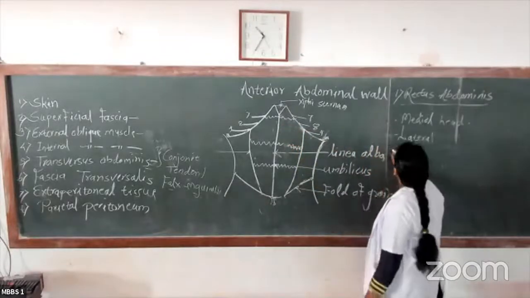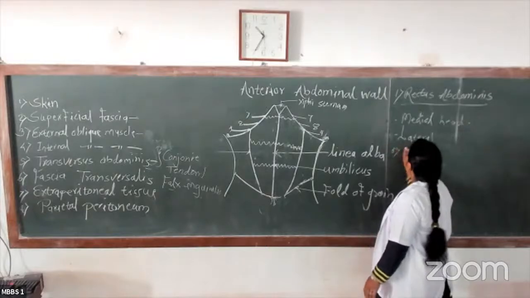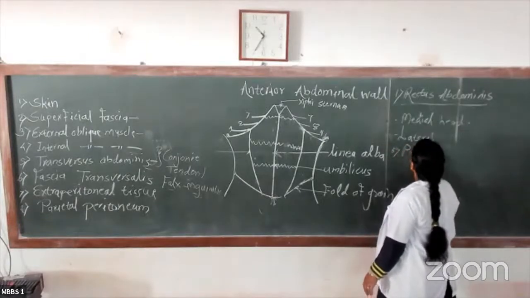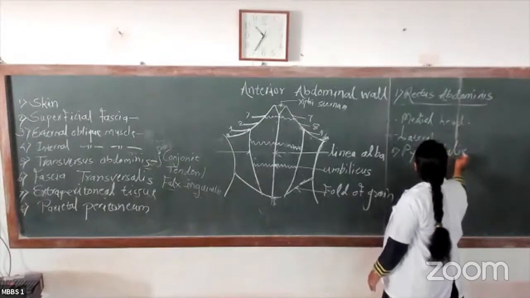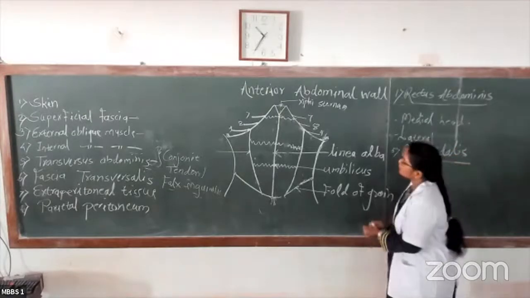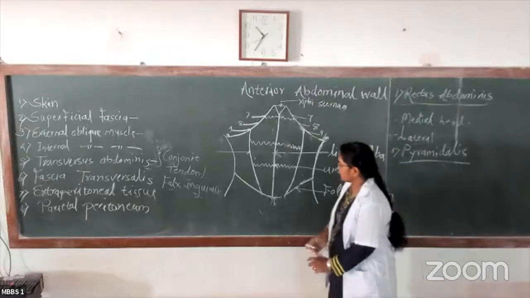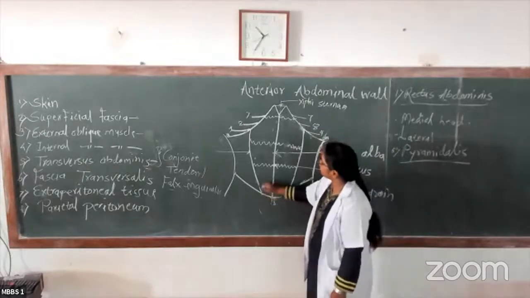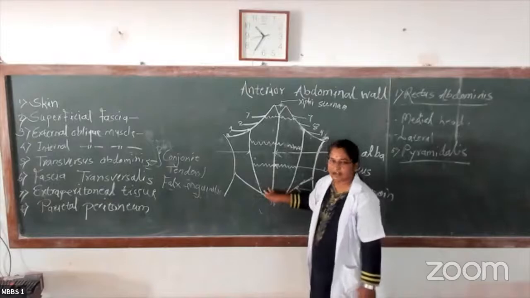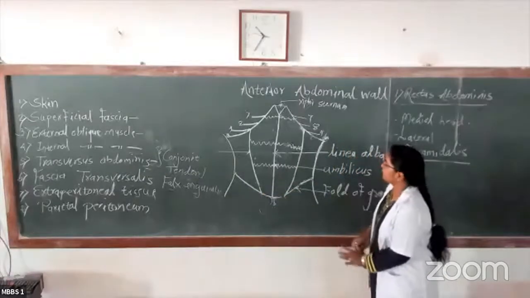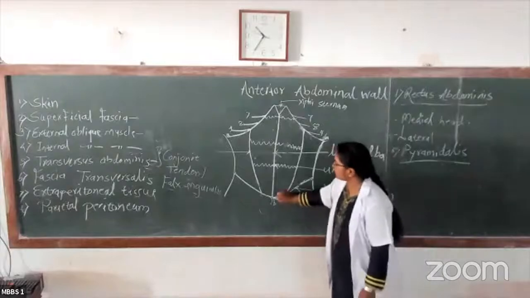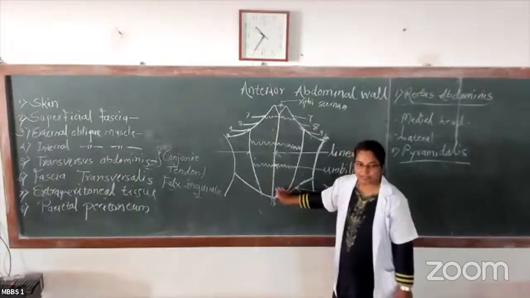Now the fifth muscle is the pyramidalis. This is a very short triangular muscle which is present in front of the rectus abdominis in the lower part of it. As it is triangular, the base is directed downwards and the apex is directed upwards.